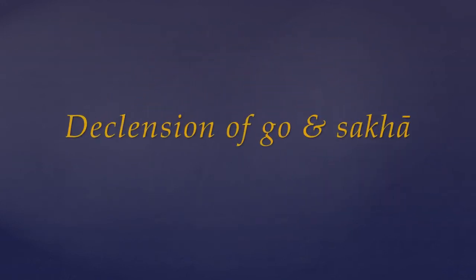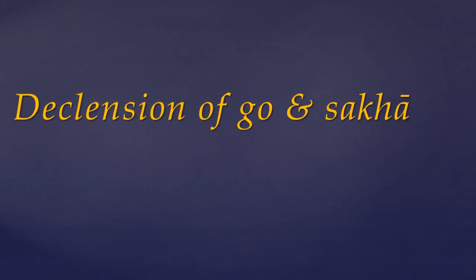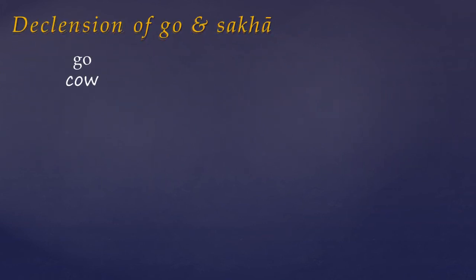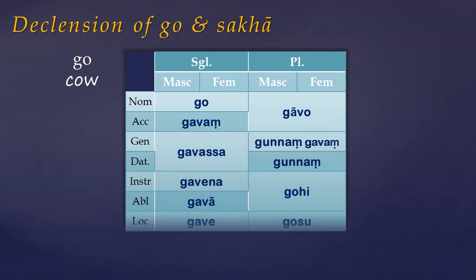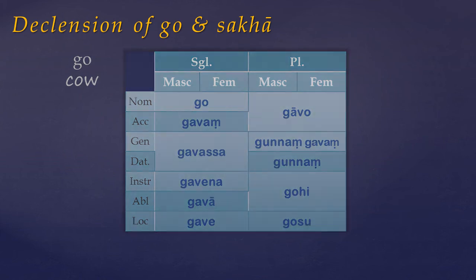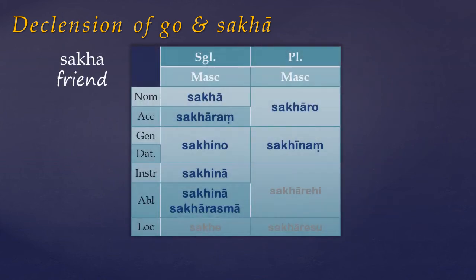And finally, there's an unusual noun stem, go, meaning a cow, that ends in o. I think this is the only one, and it has similar forms in both the masculine and feminine declensions. Lastly, Warder adds the declension of sakhā, friend, which is a mixture of the I and R noun stem declensions.